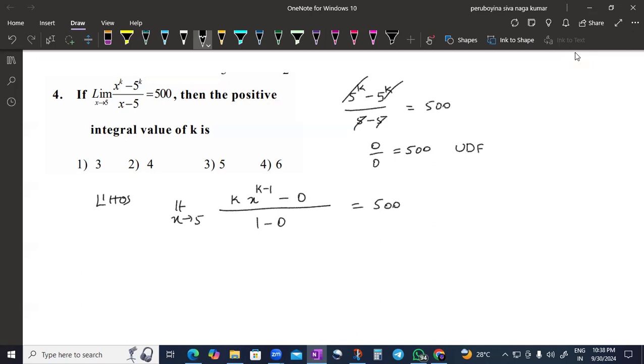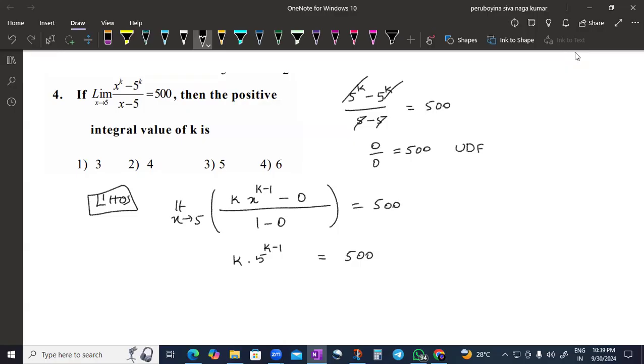Only where the limit is applied, there only we should perform L'Hospital's rule. Remember this point. And x value is, of course, 5. So k into 5 power k minus 1 is equal to 500.